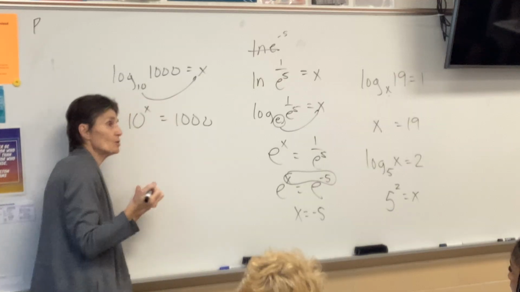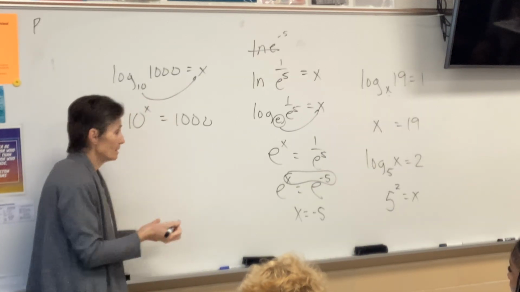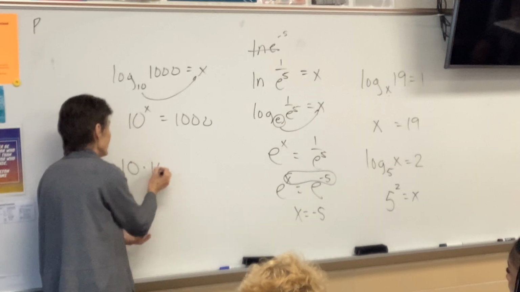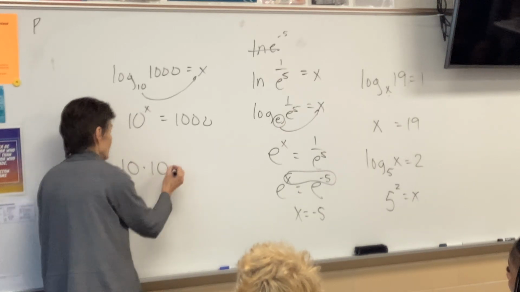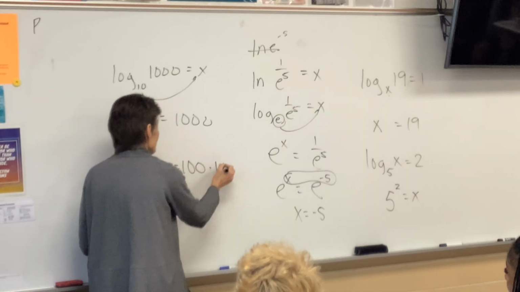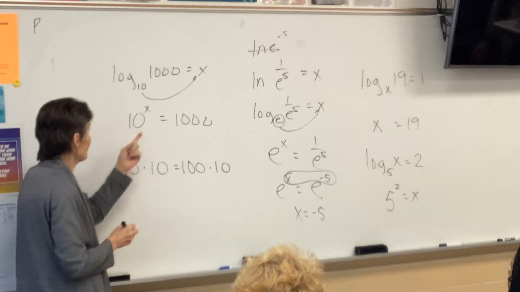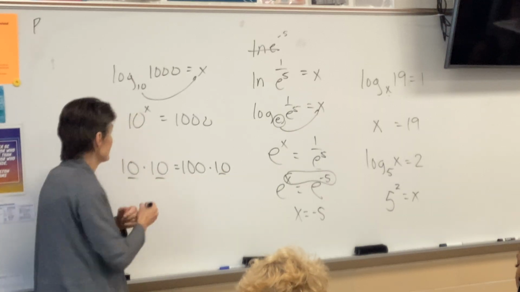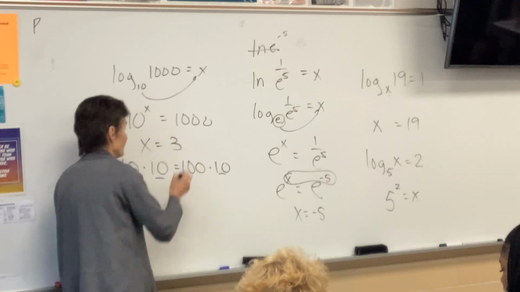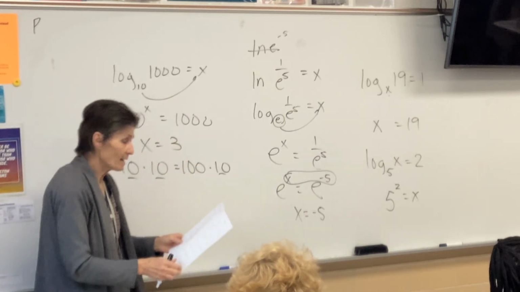And now, don't just guess. Don't just guess numbers. What's 10 times 10? That's 100, right? What's 100 times another 10? 1,000. So how many 10s did it take? 3. So the answer is 3. x is 3.